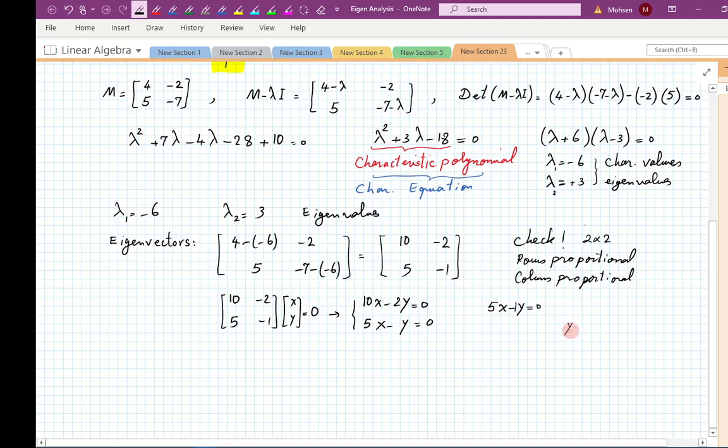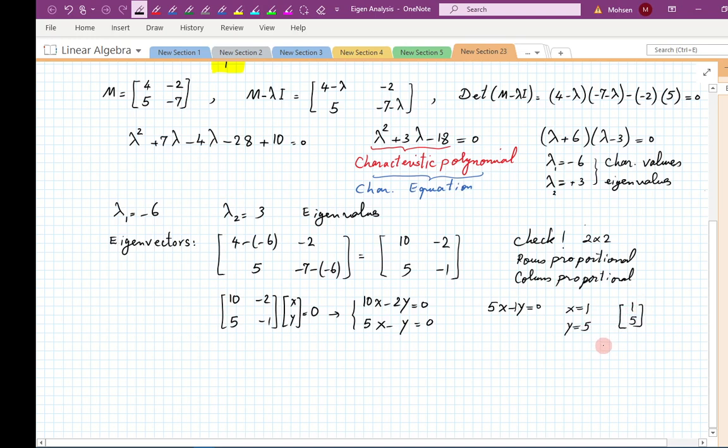So I need to figure out y and x, and it's quite common that students get them mixed up. If my y is 5 and my x is 1, okay, x takes the number of the other one, y takes the number of the other one, and one of them has to flip the sign. So we get 1 and 5. That is the eigenvector we are looking for: 1, 5.